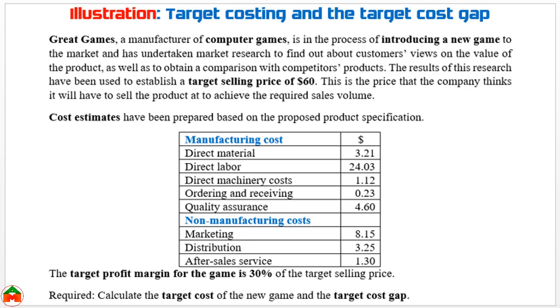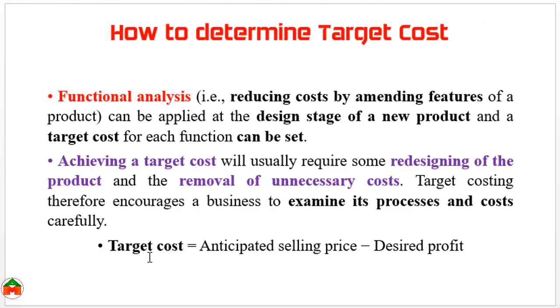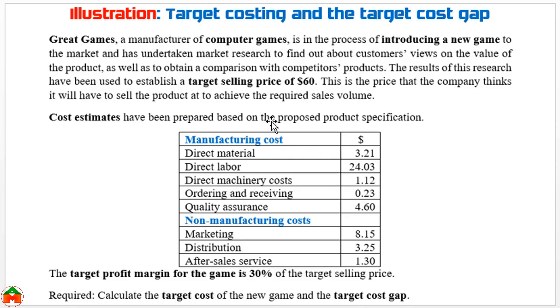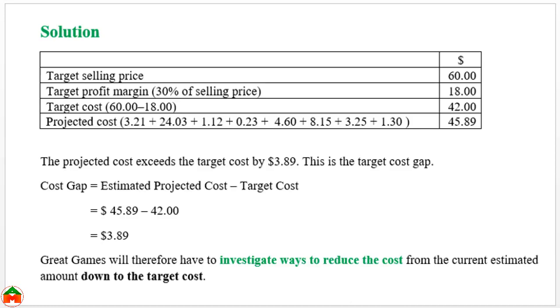We are already aware that the formula for determining the target cost is that we need to deduct the desired profit from the anticipated selling price. In our problem, our desired profit is 30% of the $60 and our selling price is 60. So what would be the target cost?